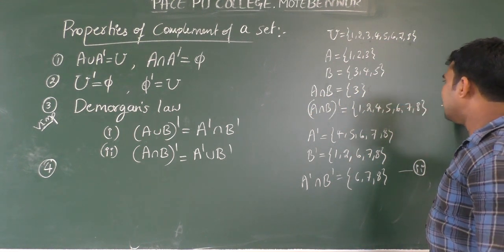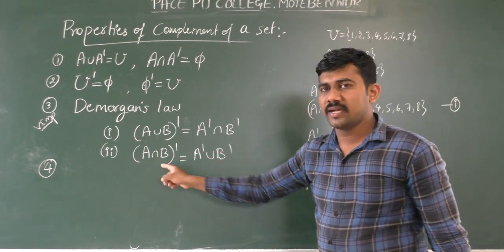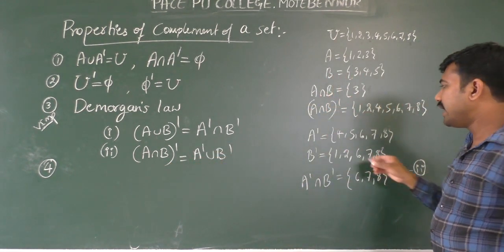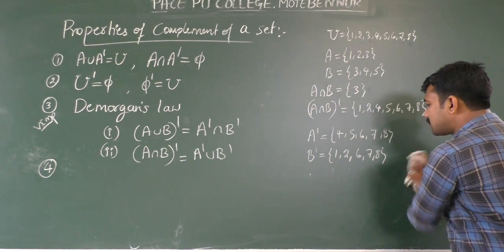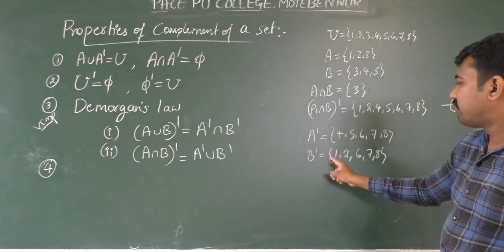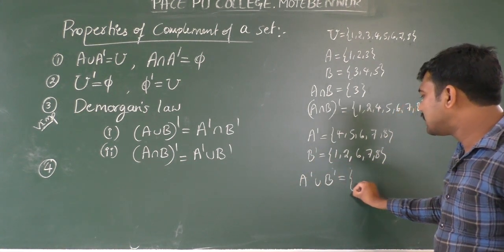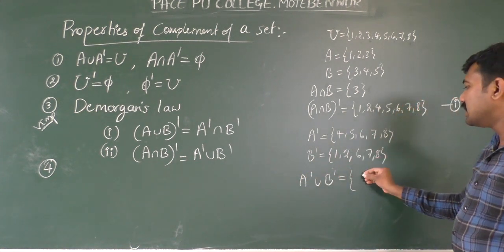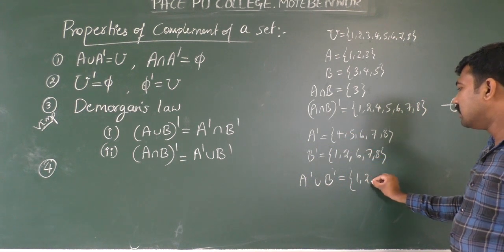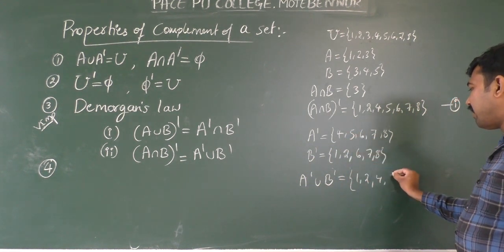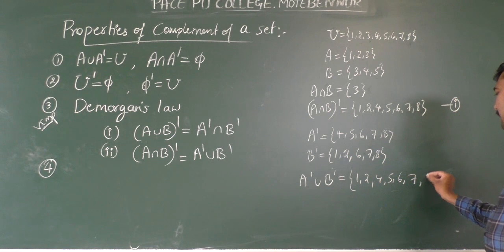This is our LHS, the left hand side. Now for the right hand side we need A' and B', which we already got. Now we need to find its union, that is A' union B'. A' union B' is nothing but, collecting all the elements in these two sets, that is 1, 2, 4, 5, 6, 7, 8.